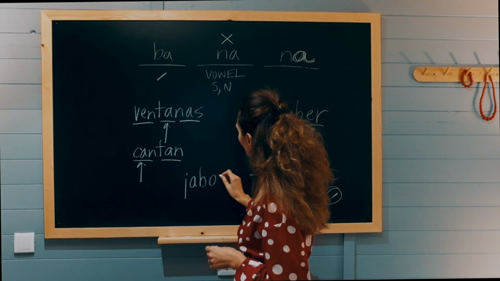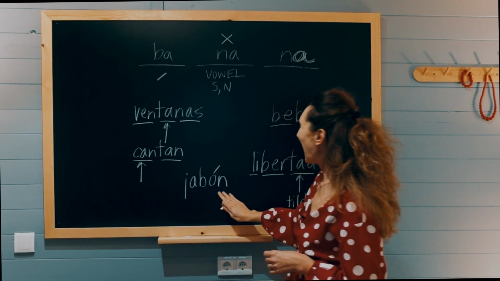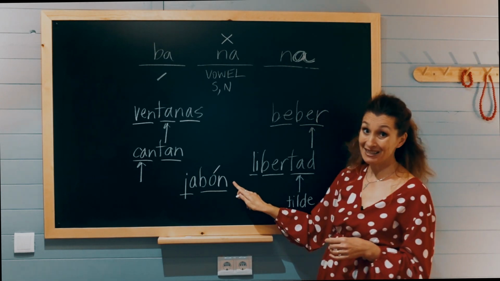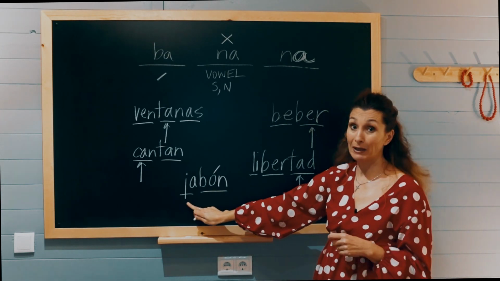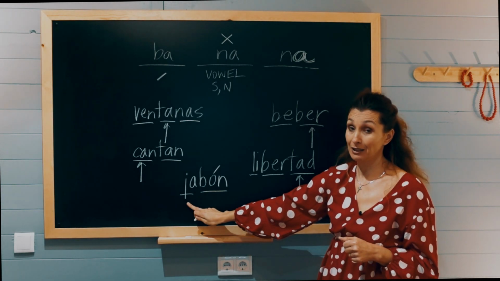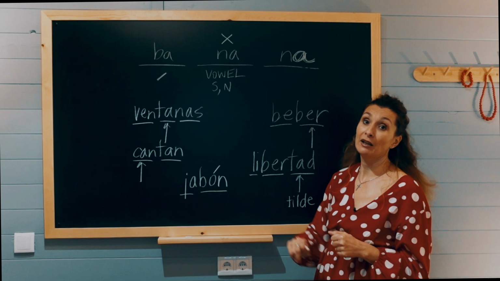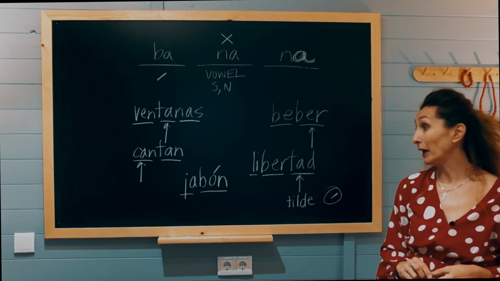Soap. Oh no, but this one doesn't end in a vowel. It ends in N, sorry. Jabón. We have ja and bón. It ends in N, so according to the rule, it should be on the first syllable, but it's not JAbon, it's jaBÓN, and that's why we've marked it with this tilde, okay?